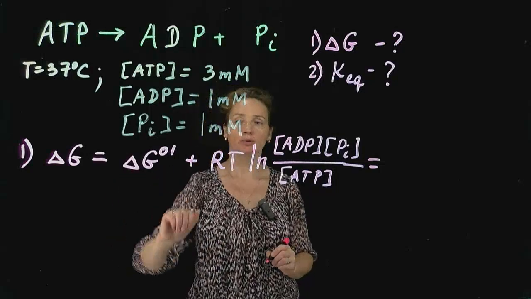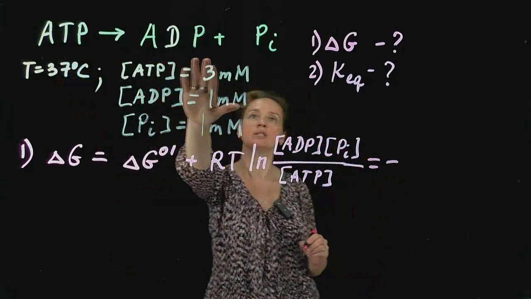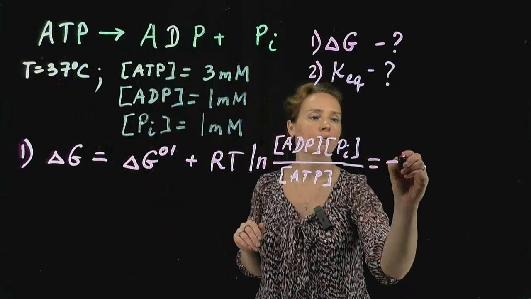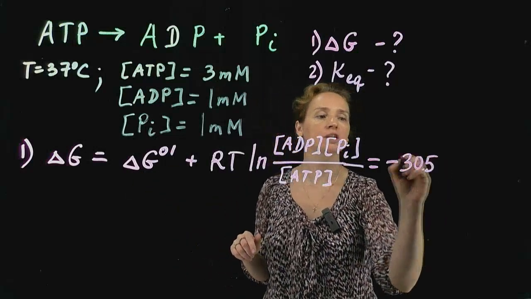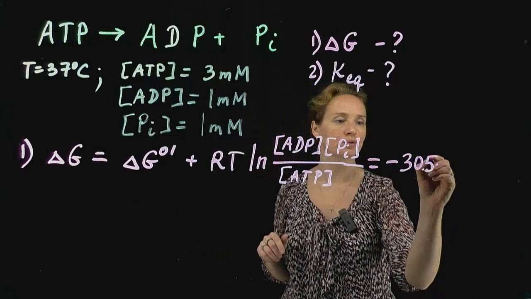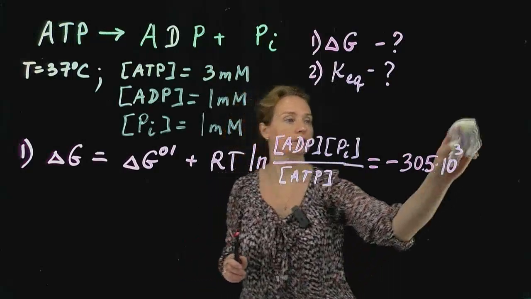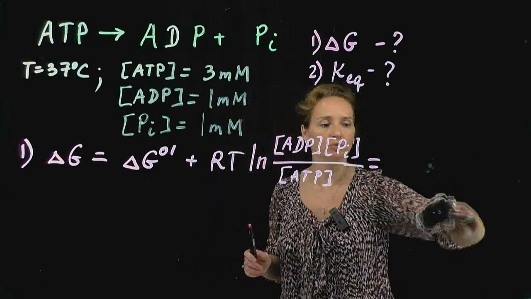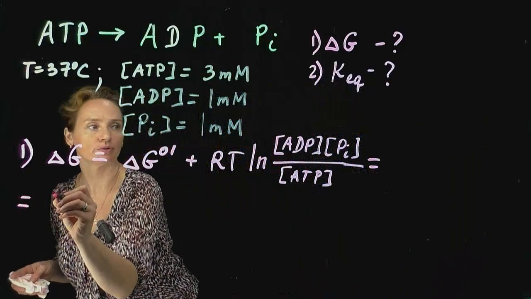So this value is tabulated. And we know that for the hydrolysis of ATP into ADP and inorganic phosphate, we have this value equal to minus 30.5 kilojoule per mole. Because it's kilo, we need to multiply by 10 to the third. Let me move it to another line, otherwise I will not be able to fit.